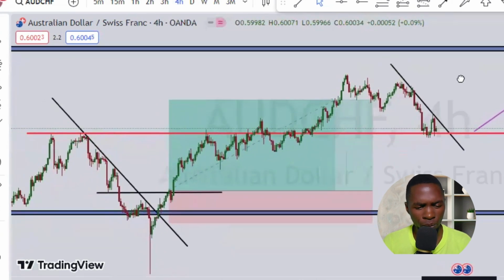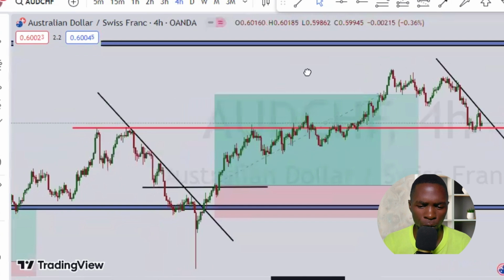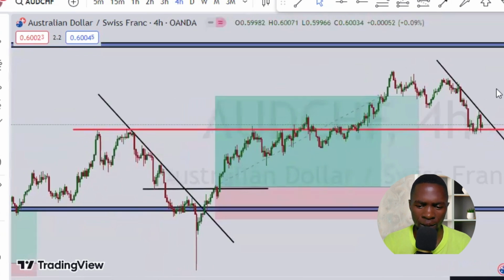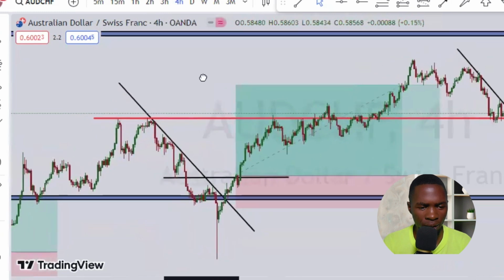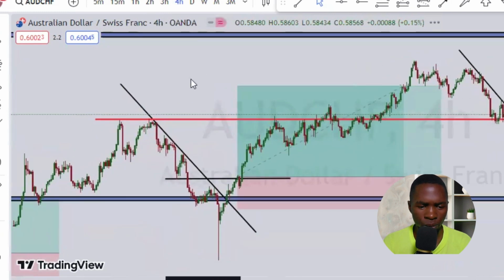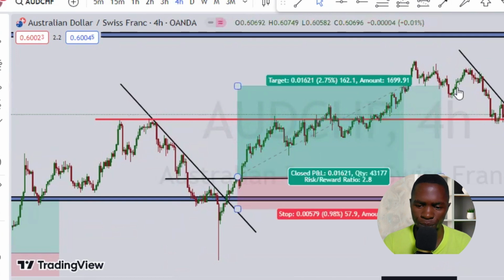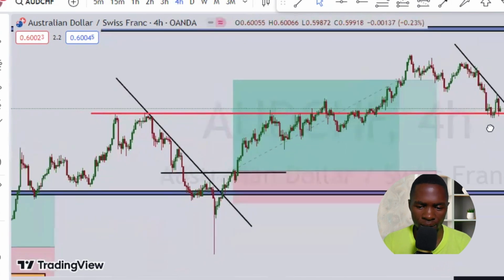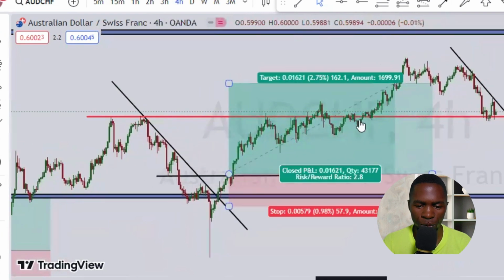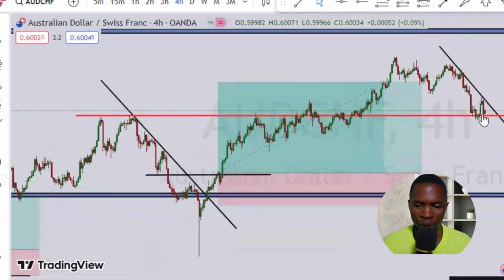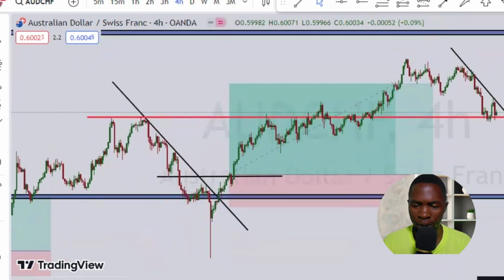Out of that one, I'm also going to check if I can get another setup on AUD CHF. If you can see clearly on the 4-hour time frame, we have another resistance at this top. The market respected this resistance 1, 2, 3 times. So it broke the resistance and also became another support.